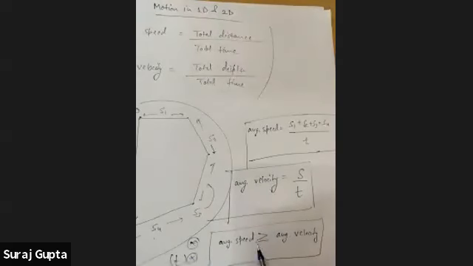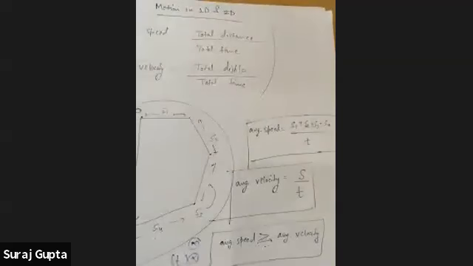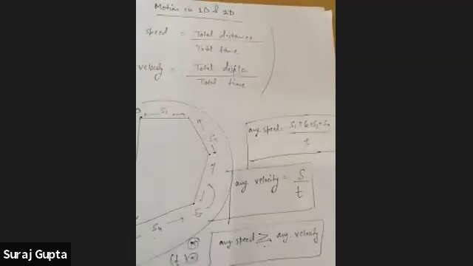This equality holds true when a particle is traveling in a straight line. When a particle is traveling in a straight line, average speed and average velocity are both equal. But if the particle keeps on changing its path, then average velocity would definitely be less than average speed. Okay, so this is the concept, you all know it very well.